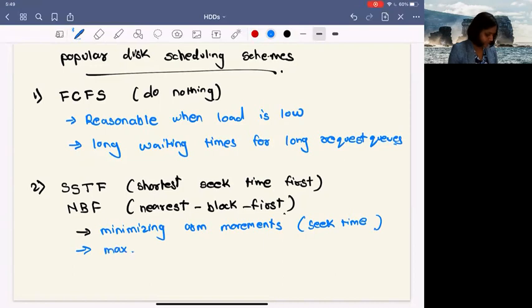And we are maximizing the request serving rate, because we could serve more IOs in a short period of time, since we waste less time in seeking and rotating.